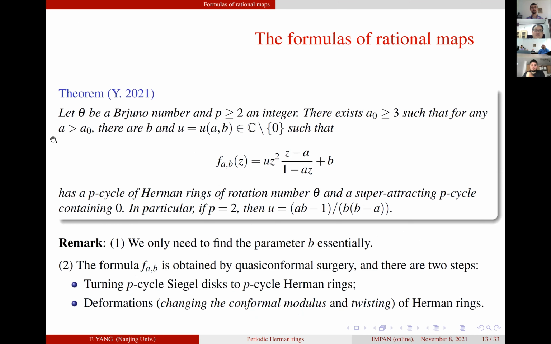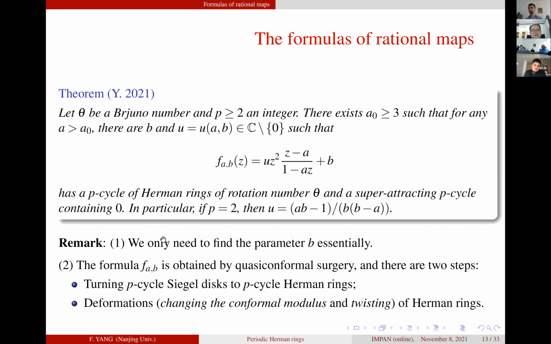Here we choose a equals 4. In this example we choose a equals 4 and p equals 2, and u we know the formula of. We conjecture that in some cases a0 equals 3, but it shouldn't be so for all theta. This depends on theta, but I haven't checked whether it depends on p.